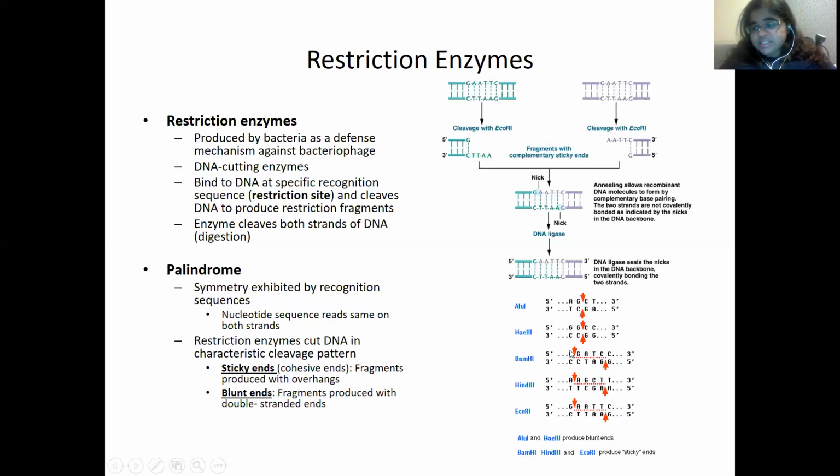Whereas with sticky ends, it goes one section here, one section there, and it just goes that way and leaves overhangs. Okay.